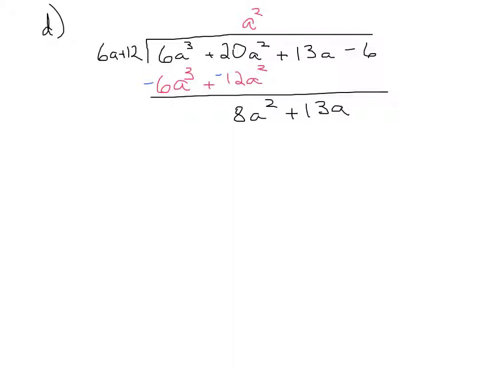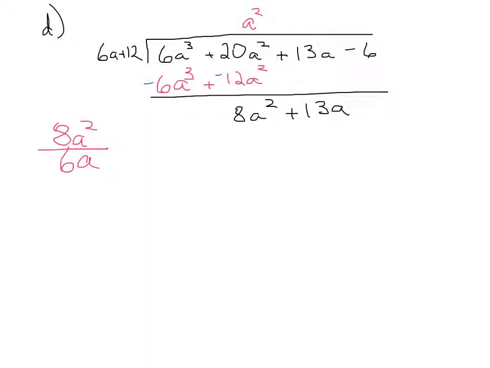Well, that's not so obvious, so let's go ahead and work that on the side. We want to know how many times 6a goes into 8a squared. Well, we can do the exponents easily enough. A squared divided by a is going to just be a.